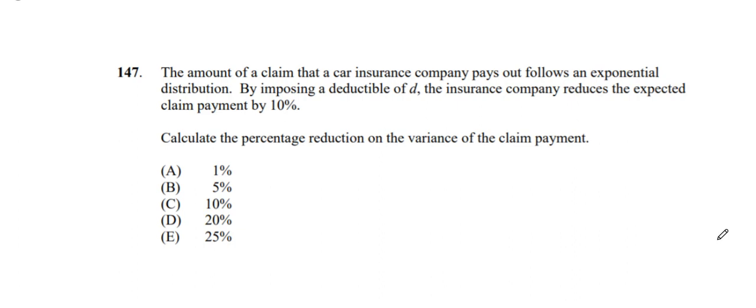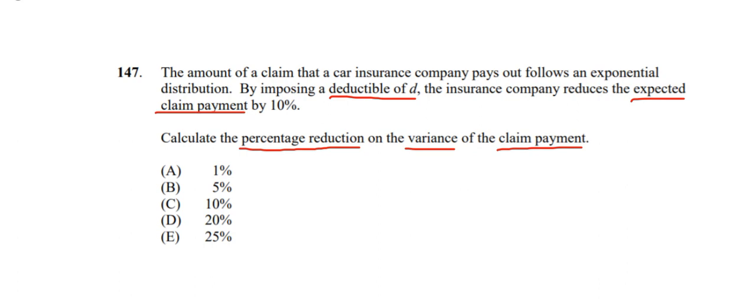So for this problem, we want to calculate the percentage reduction on the variance of the claim payment. The story is like this: if we impose a deductible D, then the expected payment will reduce, and the variance will also be reduced.